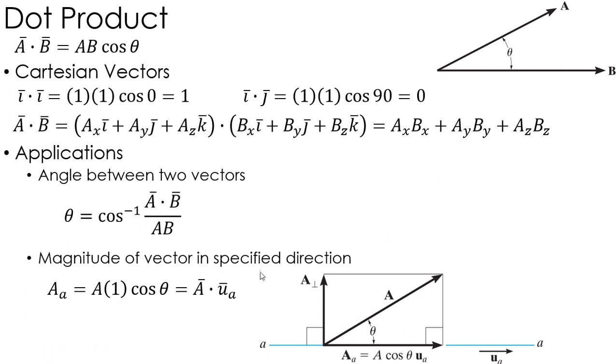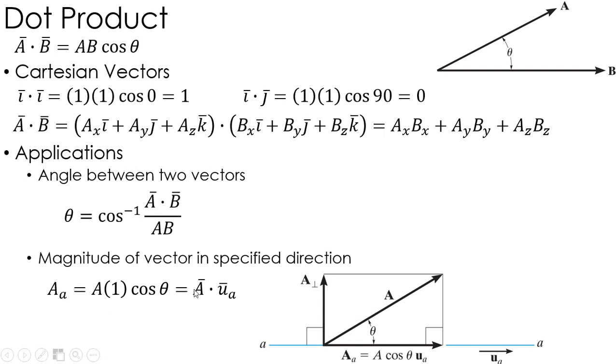The magnitude of this side is going to be nothing more than A cosine theta, because it's adjacent to the angle. So finding that magnitude along the a-axis, it's just A cosine theta. I throw in this 1 here, which doesn't change the value. That's essentially the magnitude of a unit vector.